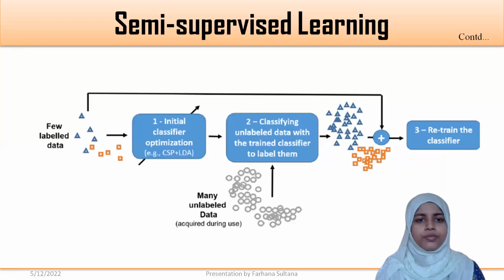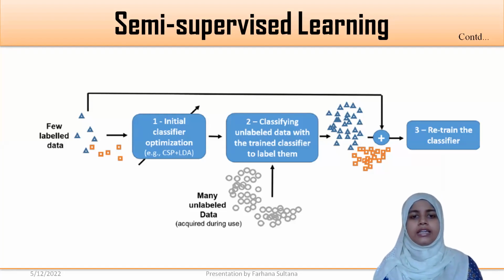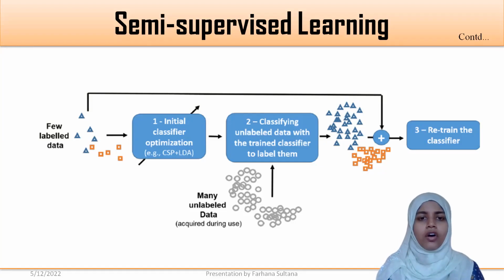So in the case of semi-supervised learning, a few labeled data are given initially to the learning algorithm, and the learning algorithm is trained on that few labeled data. Whatever it learns, upon that the unlabeled data are given, and from that unlabeled data it classifies into the different classes whatever it had learned from the labeled data.